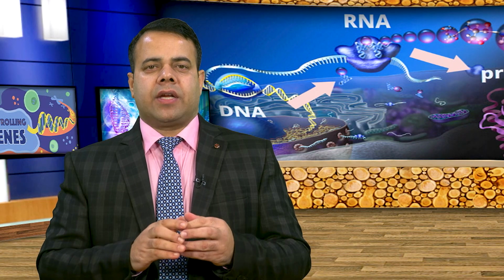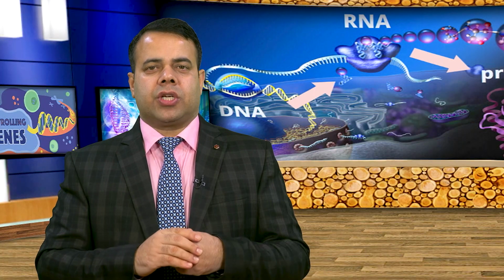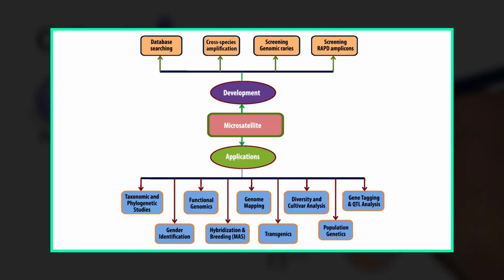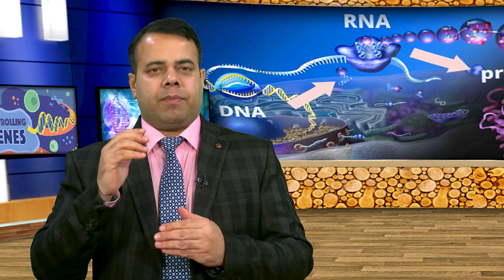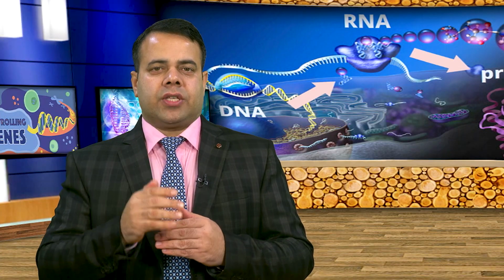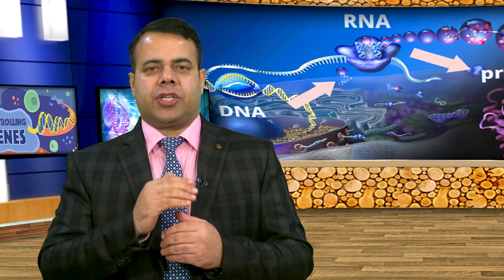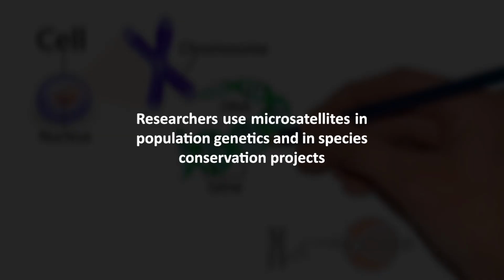Also, microsatellites are used for mapping locations within the genome, specifically in genetic linkage analysis to locate a gene or a mutation responsible for a given trait or disease. As a special case of mapping, they can be used for studies of gene duplication or deletion. Researchers use microsatellites in population genetics and in species conservation projects.